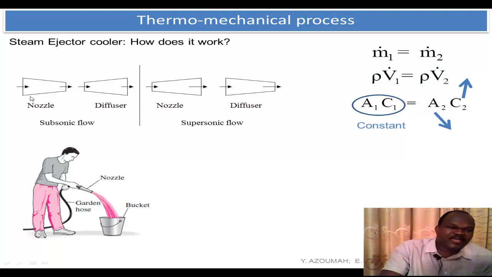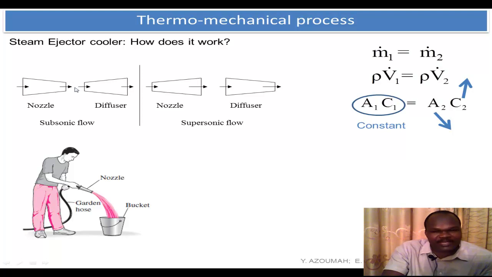So if you are using a nozzle in the subsonic flow and you keep on reducing the cross-section area, meaning that you keep on increasing the velocity, you come to a point where you get to the speed of sound, the sonic level. Okay?